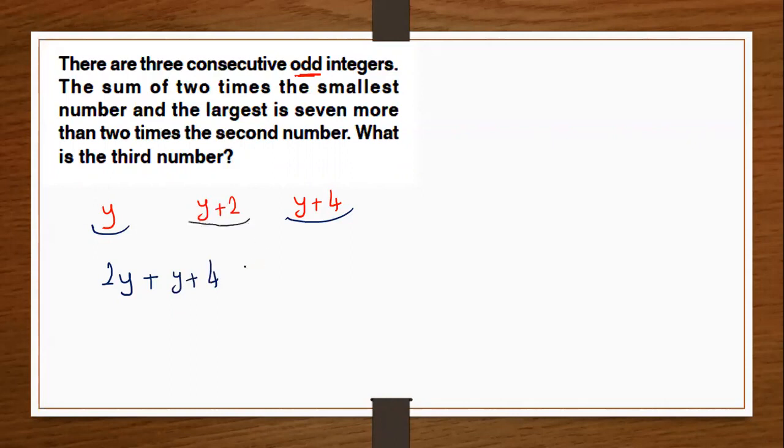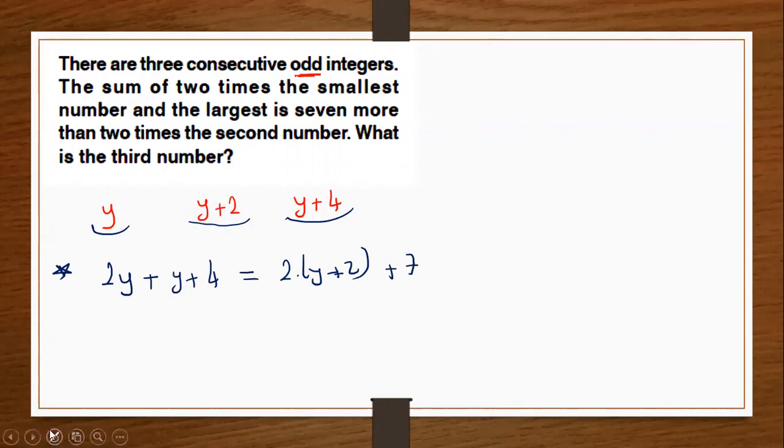My second number is this, so 2 times second number, 2 times y plus 2, and 7 bigger, plus 7. So the most important part is writing this equation, and then you are going to use the information we learned in linear equations, which is algebraic equations.